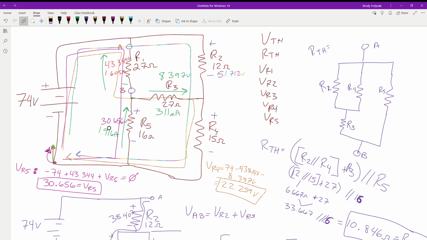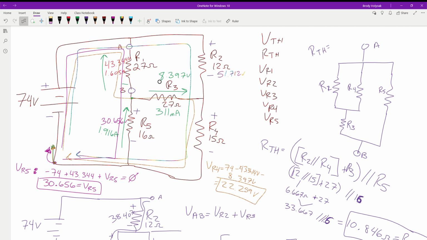Then we find the current of R5, because that's the next bit of information that we know. We find how much current we have here and how much current we have here. We use Kirchhoff's current law at this node to find how much current is going out or coming in, whatever the case may be. We take this current and this resistance, and that gives us a voltage.